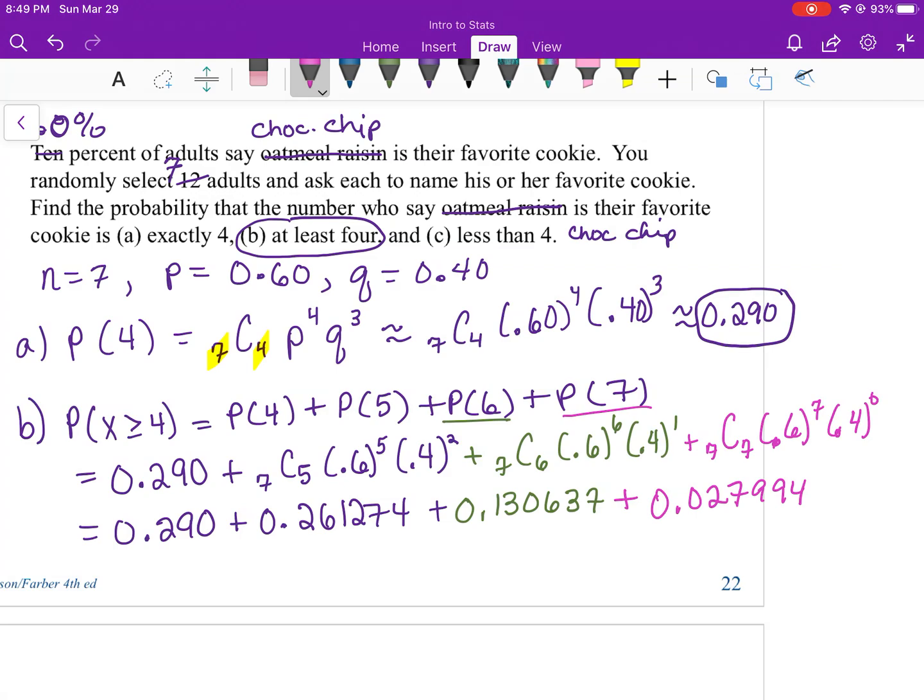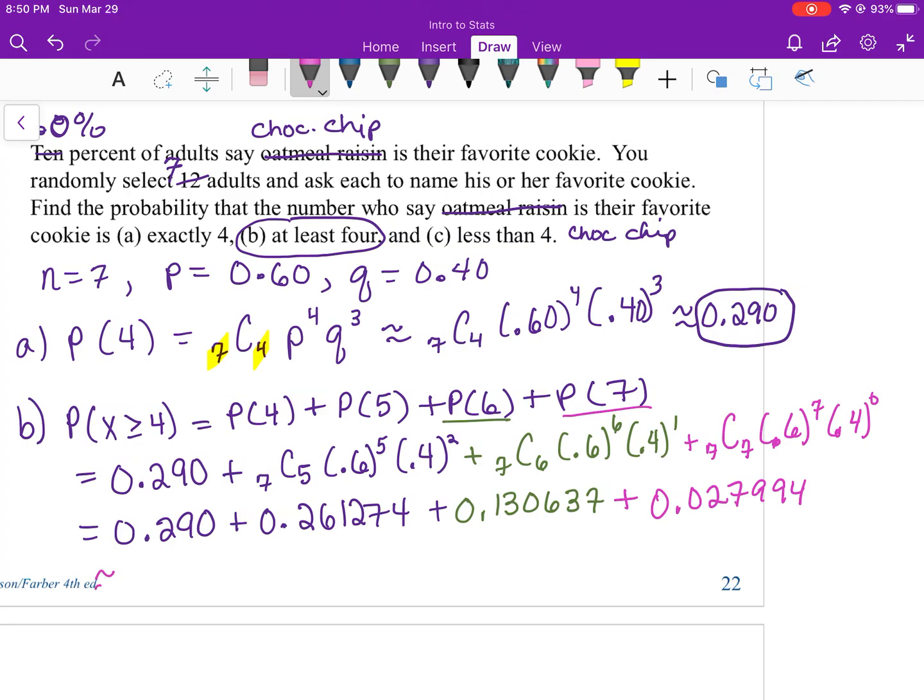Then we're going to add those together. So 0.290 plus 0.261274 plus 0.130637 and 0.027994. And let me double check and make sure. Okay, it looks good.